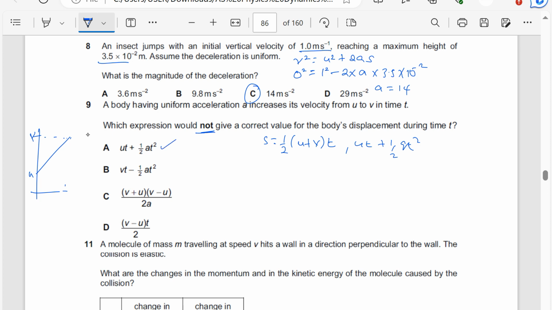The other one could be v squared equals u squared plus 2as, which implies if I make s the subject, s is v squared minus u squared divided by 2a. This is a difference of two squares, so it can be v minus u into v plus u divided by 2a. So we have that equation here, so this one will also give us displacement.